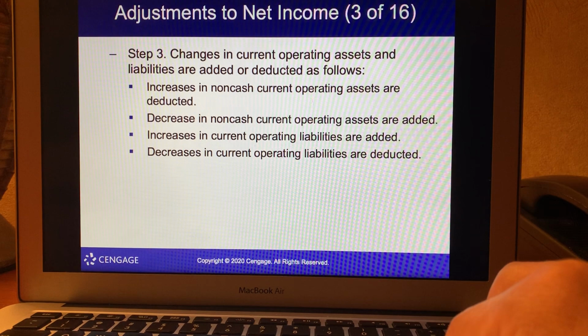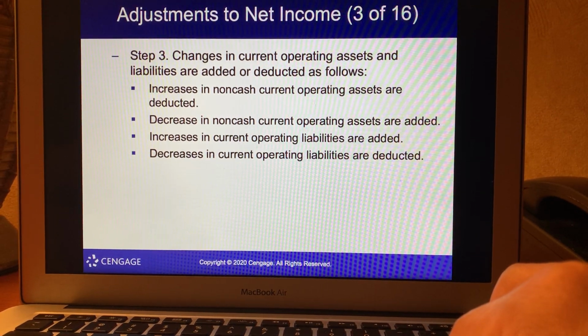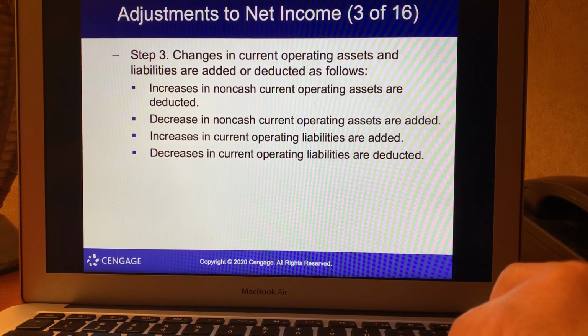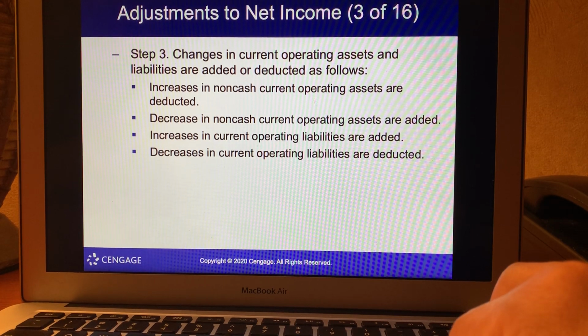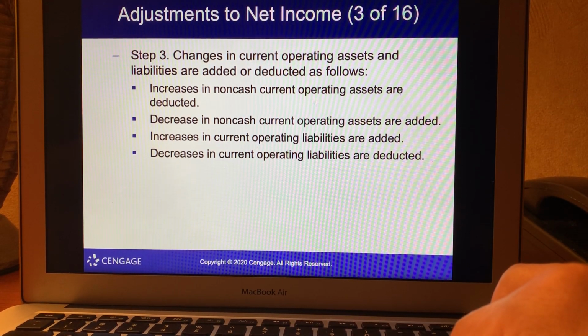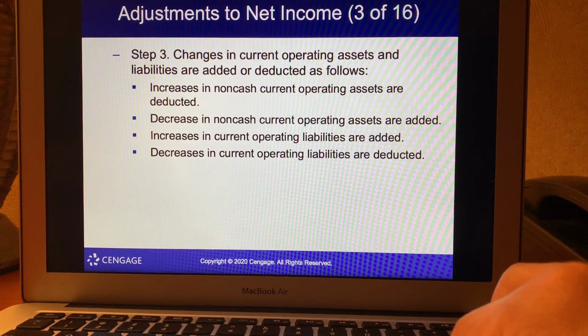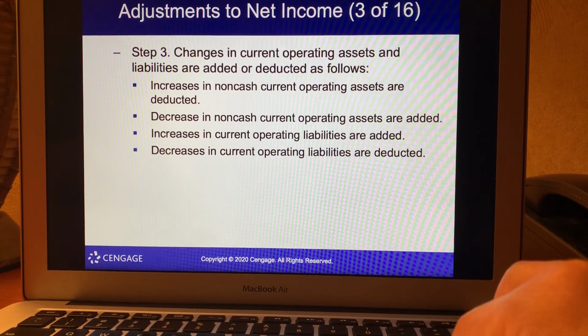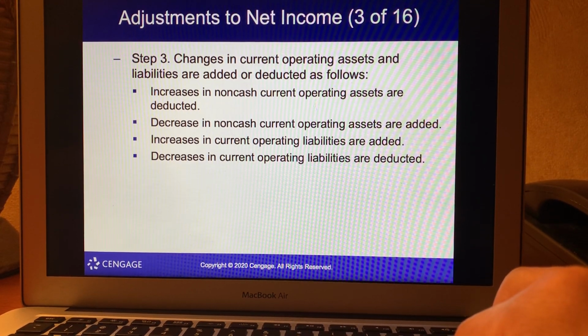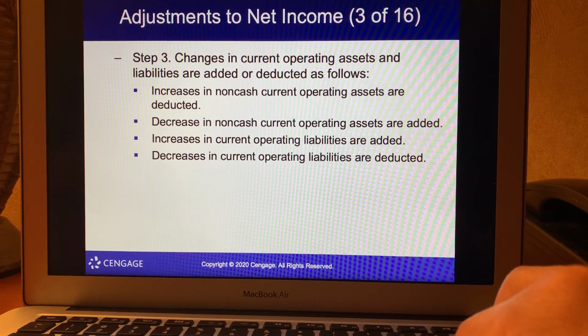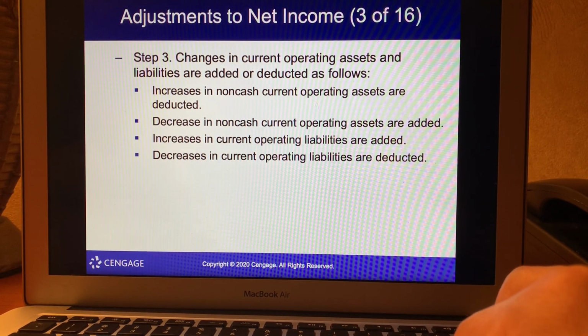Step 3, changes in current operating assets and liabilities are added or deducted as follows. Increase in non-cash current operating assets are deducted. Decrease in non-cash current operating assets are added. Increase in current operating liabilities are added, and decrease in current operating liabilities are deducted.